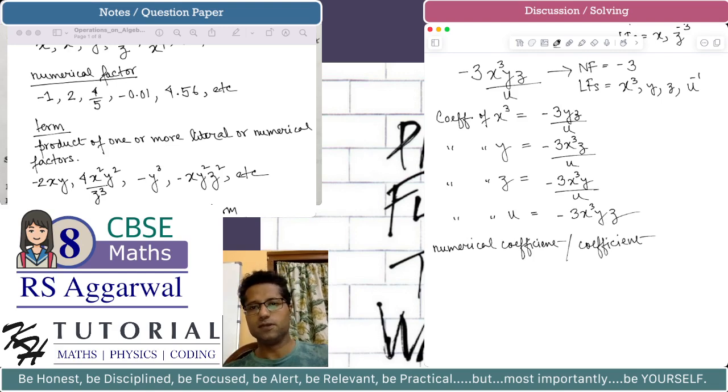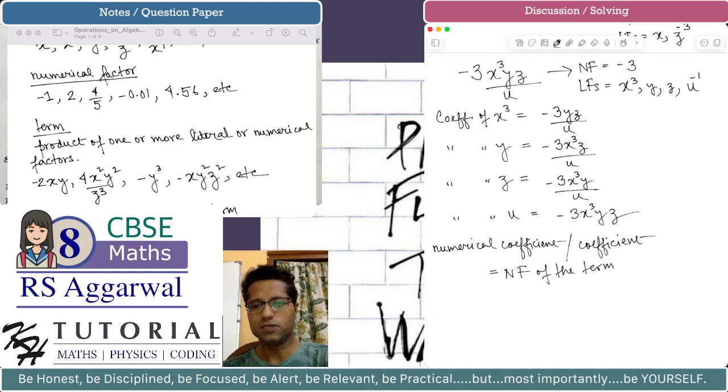So for this term, the numerical coefficient or the coefficient is just the numerical factor of the term.